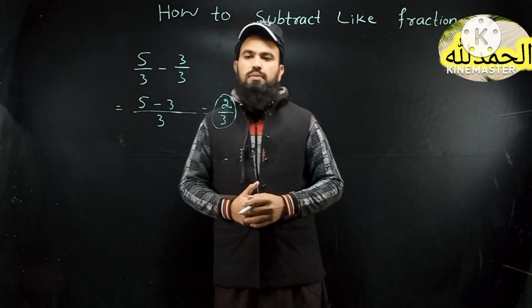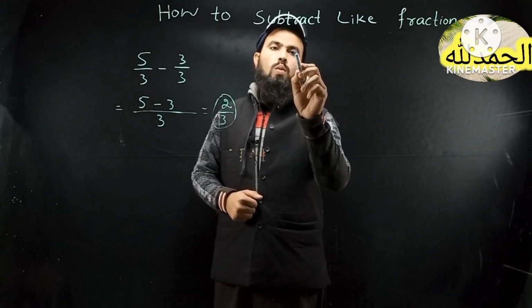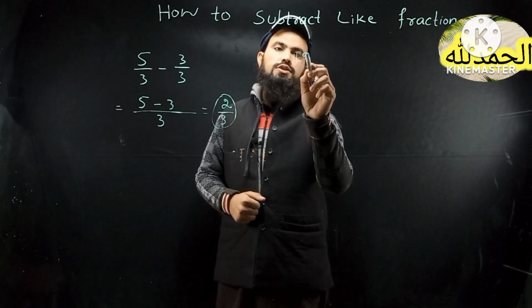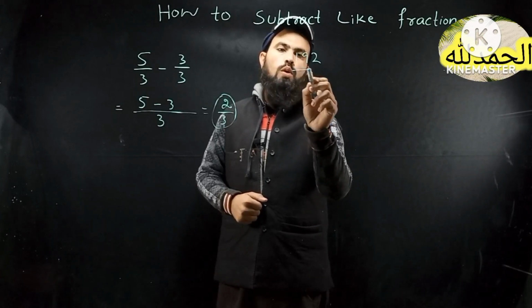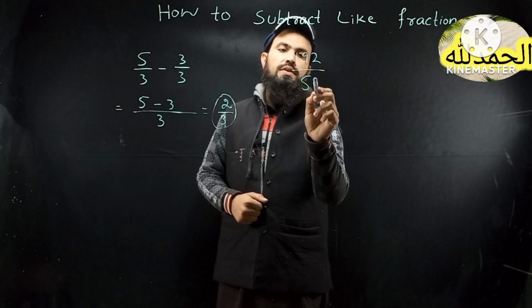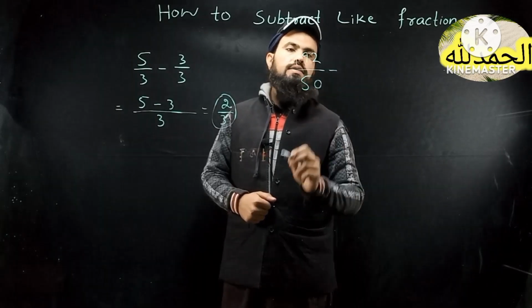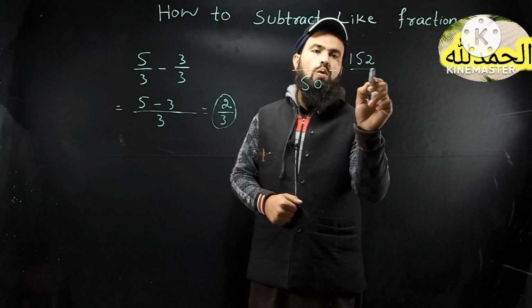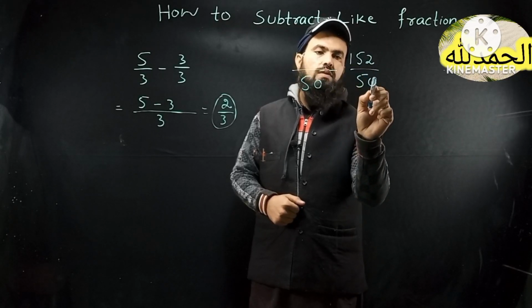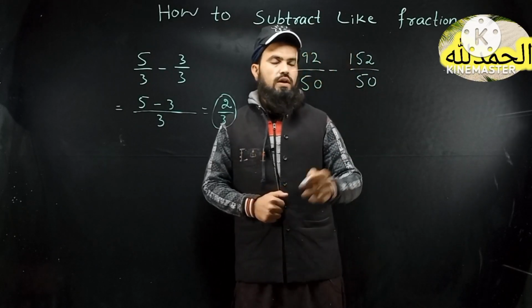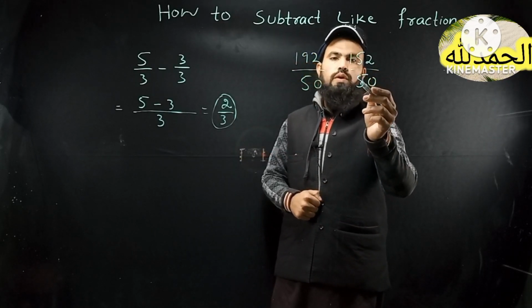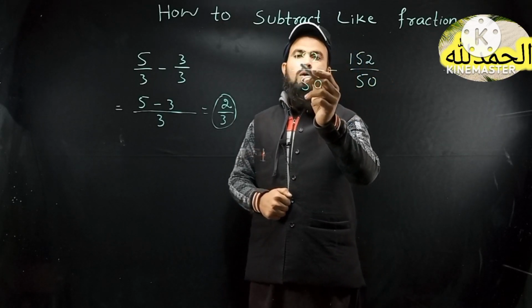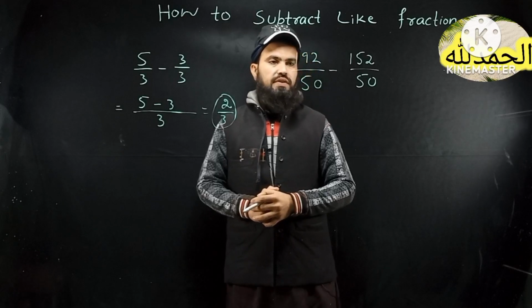The next example is here, 192 over 50 and 152 over 50. Subtract 152 over 50 from 192 over 50.